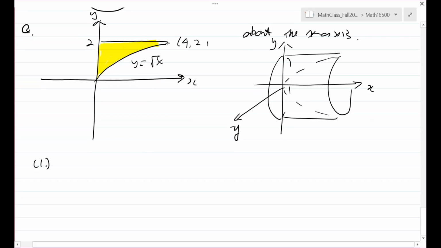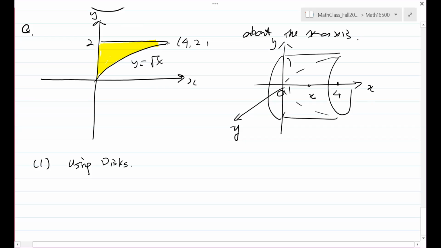The first, using a flat knife, using discs, because what you get is discs. So how do you cut? X is from 0 to 4, right? For an arbitrary point x, if you're using discs, you have to cut perpendicular to the x-axis.